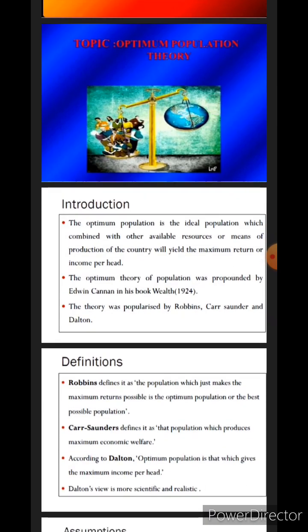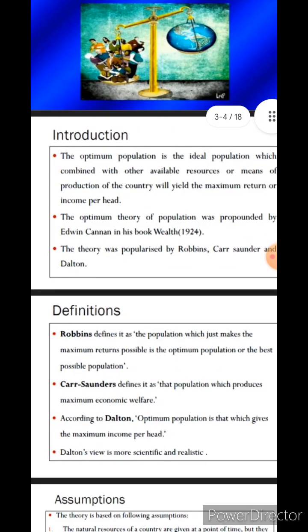According to Robinson, Carl Saunders and Dalton, they give different definitions. Robinson defines it as the population which makes the maximum returns possible is the optimum population or the best possible population. This is mainly an economic concept.